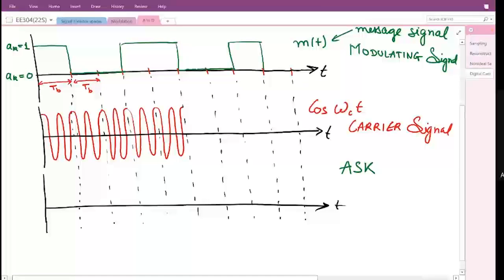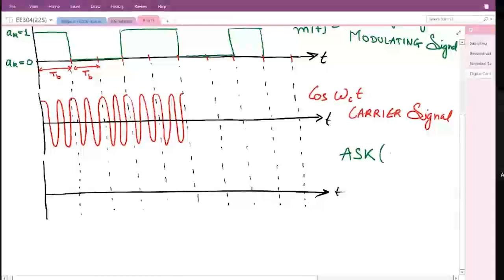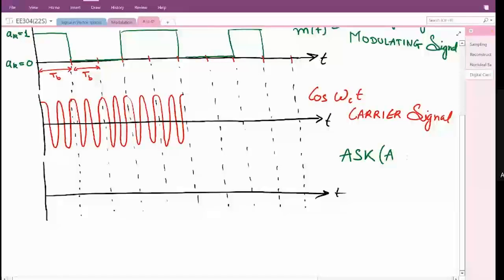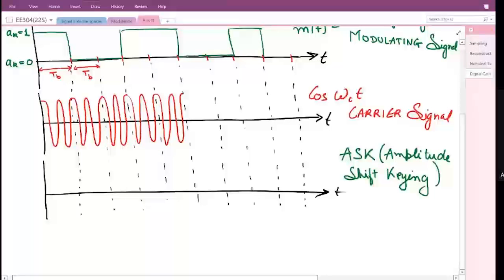The amplitude of the carrier changes by the message signal. ASK, amplitude shift keying. We have already seen this in the context of when the signal is analog instead of digital. Was there a special name given to it?